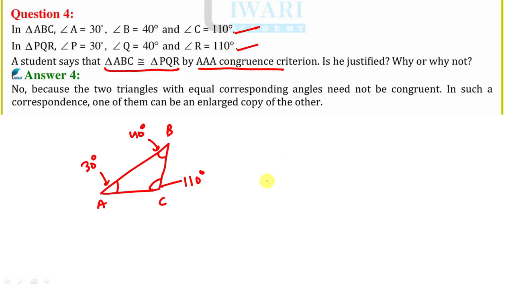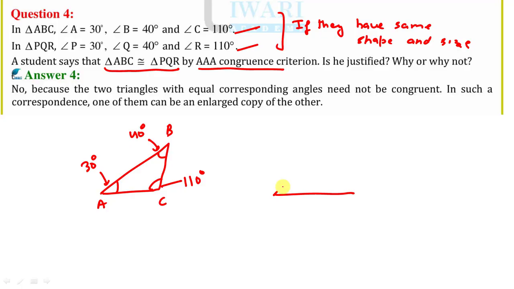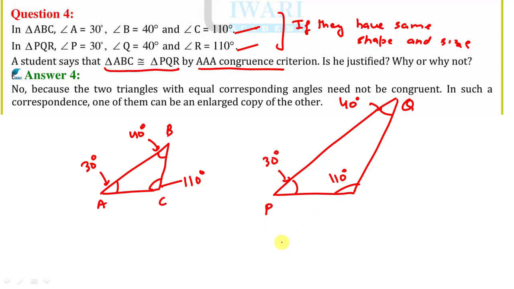But two figures are said to be congruent if they have the same shape and size. If I take another figure like this, a bigger triangle, the angles are the same: 30 degrees, 40 degrees, and 110 degrees.